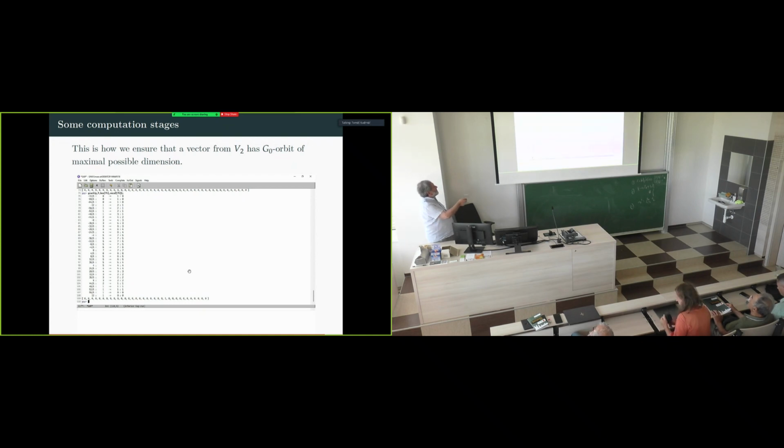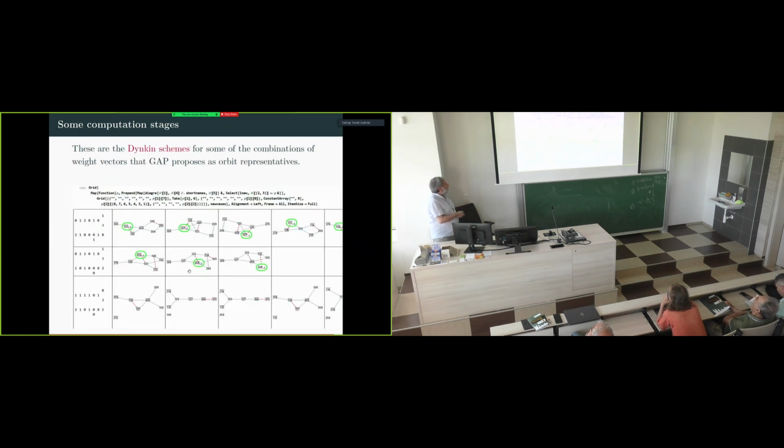This is just a sample of how we ensure that the maximal orbit in V2 has this dimension and cannot have higher dimension, because you have a grading, as I said before, of the group and of the vector space, and each vector from V2 shifts the grading by 2, and we just ensure that if it's of maximal rank, then it cannot be higher. This is just one of the steps in the calculation. Then GAP gives you some particular representatives of orbits.